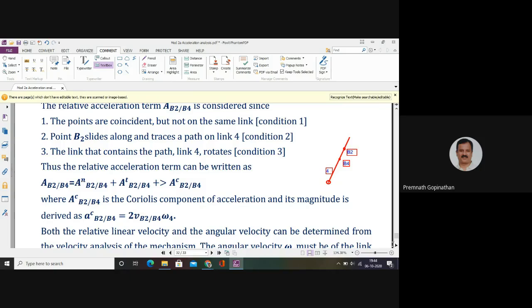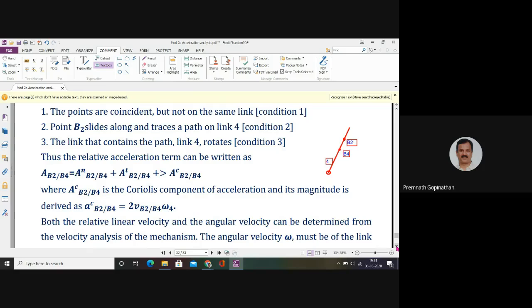Now, if I consider the Coriolis component, the magnitude is already obtained, but the direction has to be understood. The direction has definite significance, because once you go for the graphical analysis, we have to understand the direction of the Coriolis component. For that, you first have to identify the direction of rotation of this link.